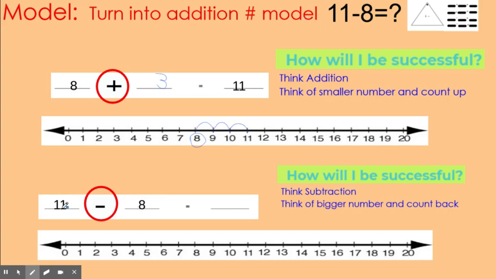I'm going to start with 11 this time and circle that on my number line. And I'm going to count back down to the number 8, counting my hops. I'm going to show you by drawing it on the line. There's 1, 2, 3. I got the same answer. That means these are fact families.